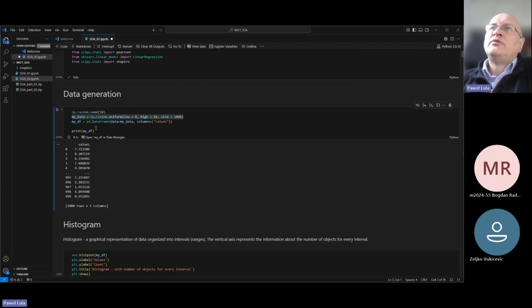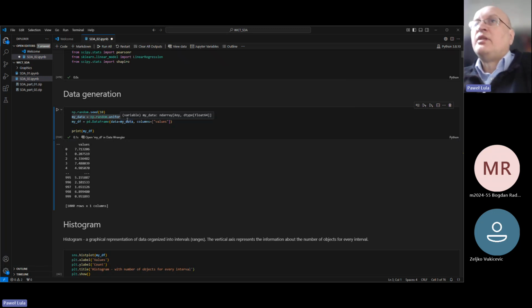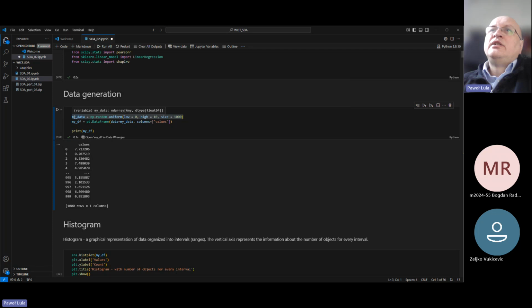So please, we can run this program, and we see that these random data, which were generated using this command, I will talk about this command in detail in some minutes, were assigned to this object, my data.